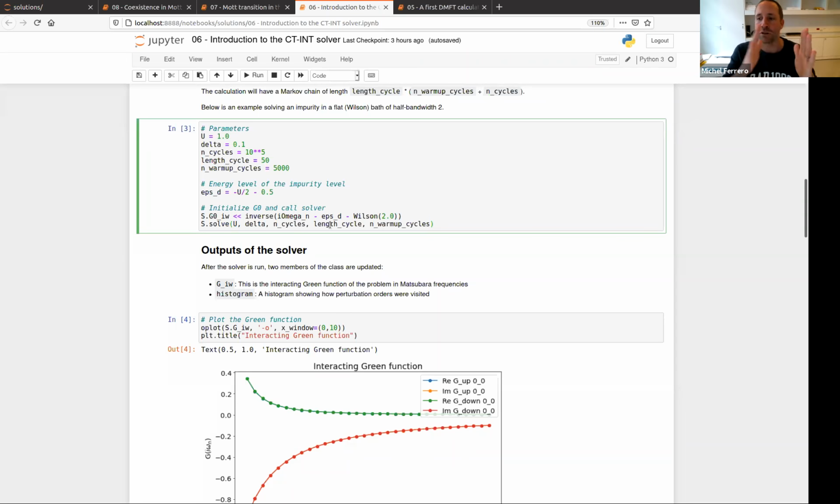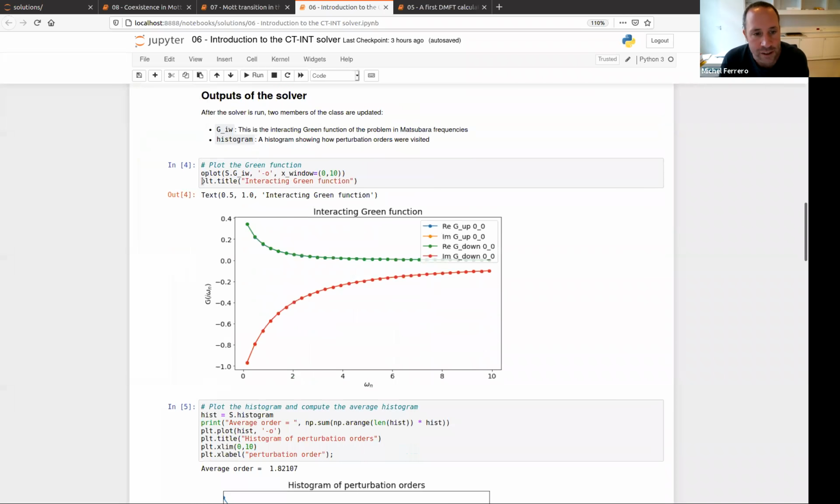So it's good to measure only after so many steps, here typically 50, to decorrelate the different states. And n_warmup_cycles is how long you give your Markov chain the time to reach equilibrium, which is something that you need to investigate by changing it. But after some point, the results should not depend on how many warm-up cycles you do.